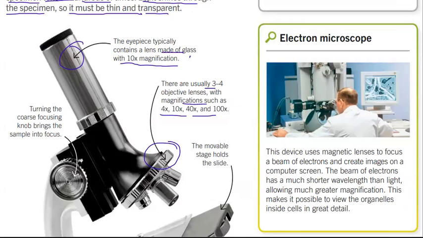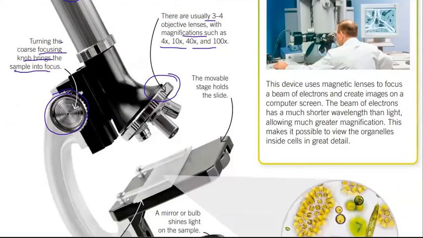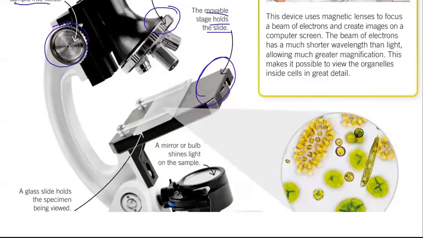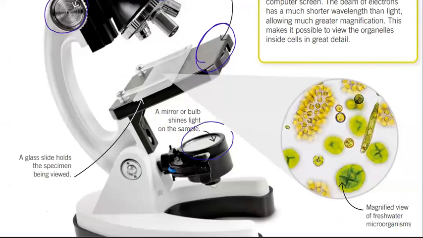This part is the coarse focusing knob, which brings the sample into focus. Another location is the movable stage, which holds the slide. This is a mirror or bulb that shines light on the sample. And this location is a glass slide, which holds the specimen being viewed.